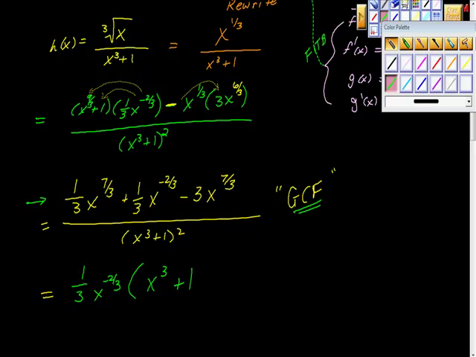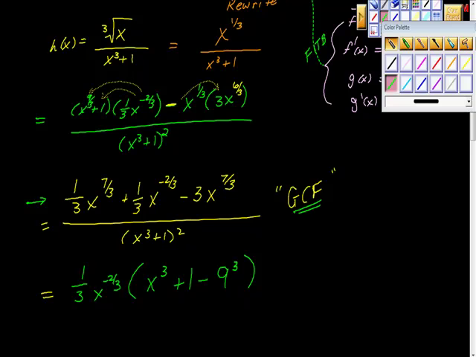Plus 1, right? Because this times 1 gives me this piece back, doesn't it? Minus, so I have 1/3 times 9 is 3, isn't it? And I need 7 thirds power, so it's going to be to the third power also.